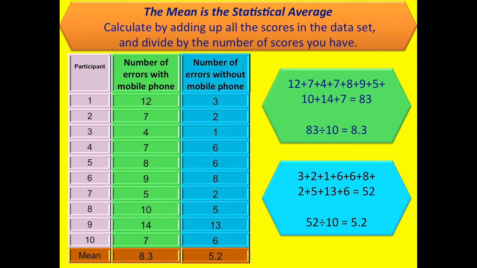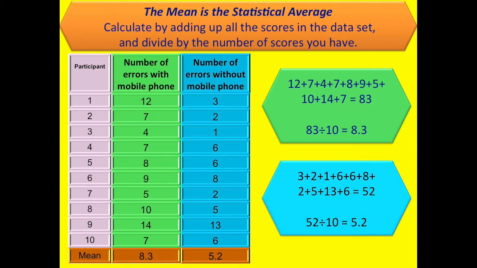Then you divide 83 by the number of scores, and in this case it's the number of participants, so it's divided by 10. 83 divided by 10 equals 8.3. So the mean number of driving errors for participants who are using a mobile phone is 8.3. That's our central point for the number of errors made in that condition of the IV.